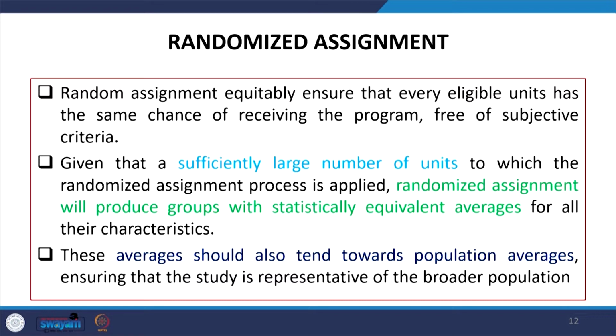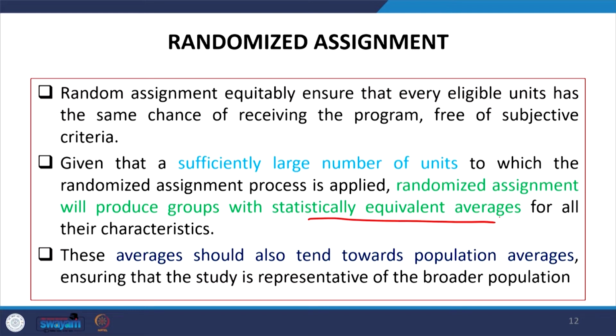Random assignment equitably ensures that every eligible unit has the same chance of receiving the program, and subjective criteria or any sort of reservations have to be avoided. Given a sufficiently large number of units to which the randomized assignment process is applied, randomized assignment will produce groups with statistically equivalent averages of all their characteristics.